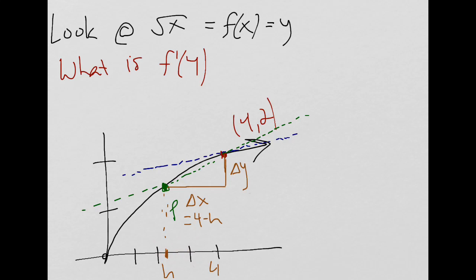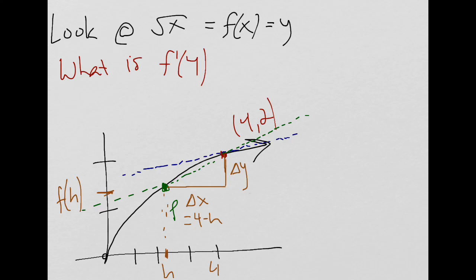Now, over here, this height is the height of my function, square root of x, at the x value of h. So what that is, is f of h, or I could think of it as the square root of h.